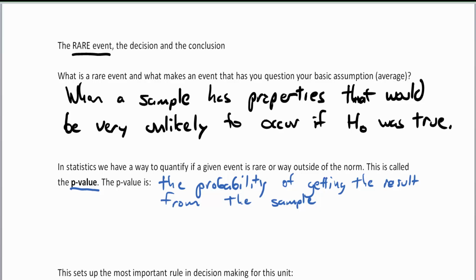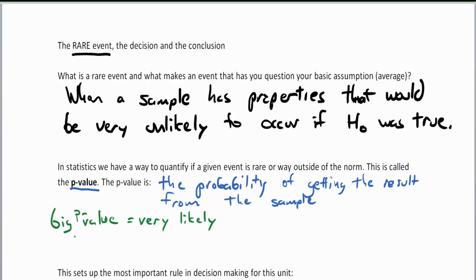So, this dichotomy: if your p-value is big, 60, 70, 80, 90%, that means this is a very likely event.